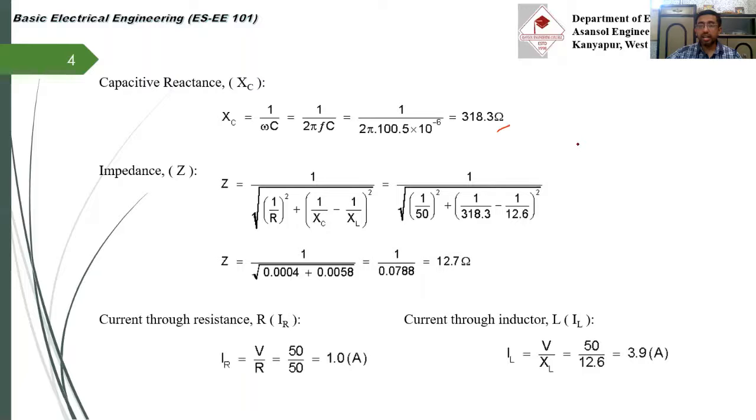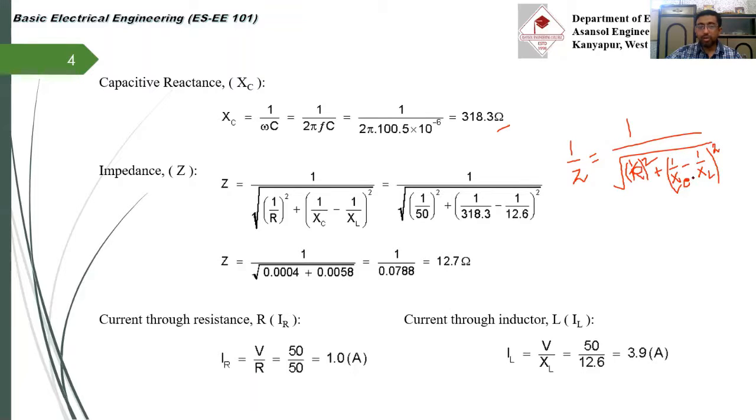Now calculate the impedance. Since these are in parallel, our formulation is like this: 1 by Z equals the square root of 1 by R square plus, 1 by XC minus 1 by XL, whole square.